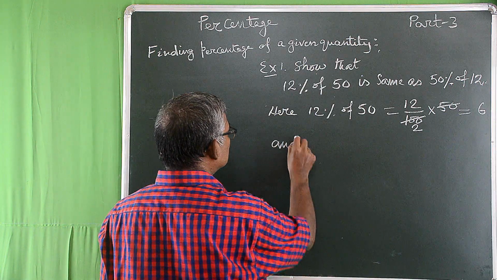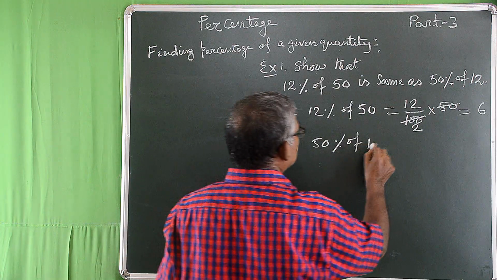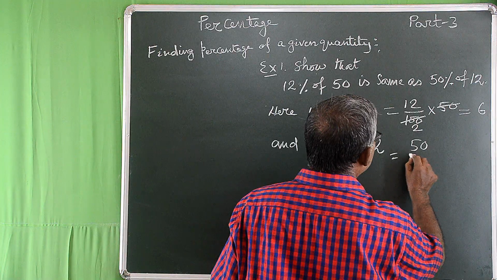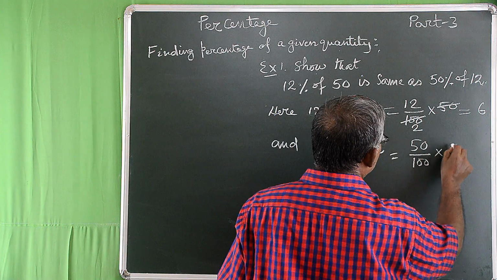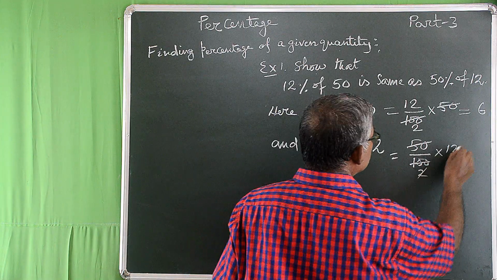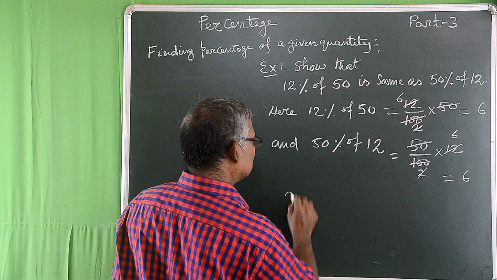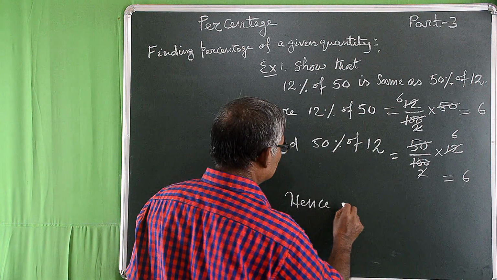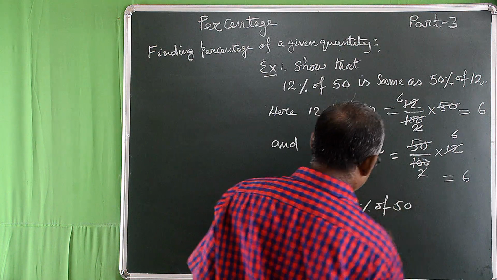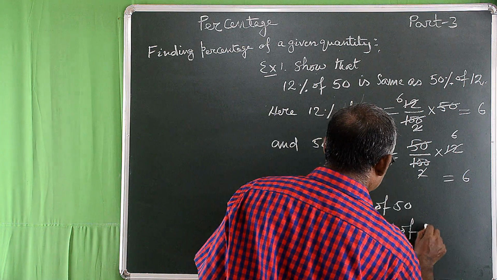And 50% of 12 equals 50 by 100 into 12, that is also 6. So 12% of 50 equals 50% of 12.